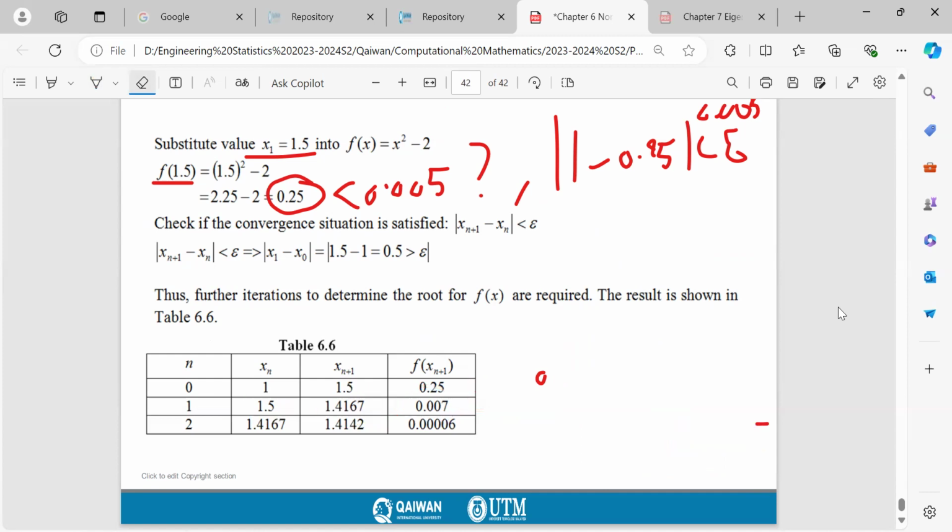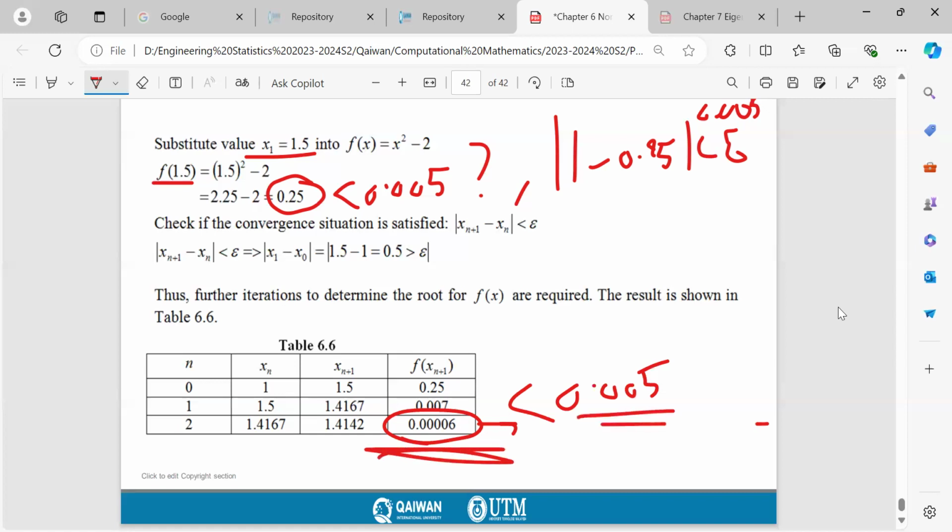In the next step, we get that f of x_{n+1} is less than 0.005. The first 4 decimal places are 0, then we have a non-zero value, but here we have only 2 decimal places, so it's less than the error.